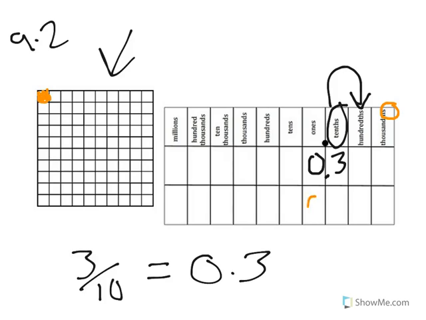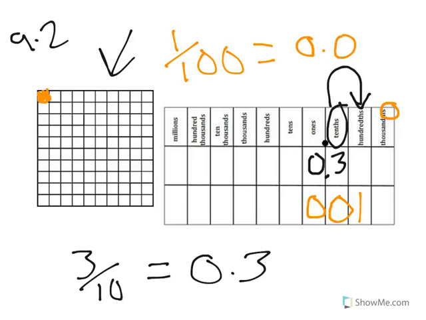There's no ones, there's no tenths, there's 100. So 1 over 100 is the same as 0 point, no ones, point, no tenths, 0.01.